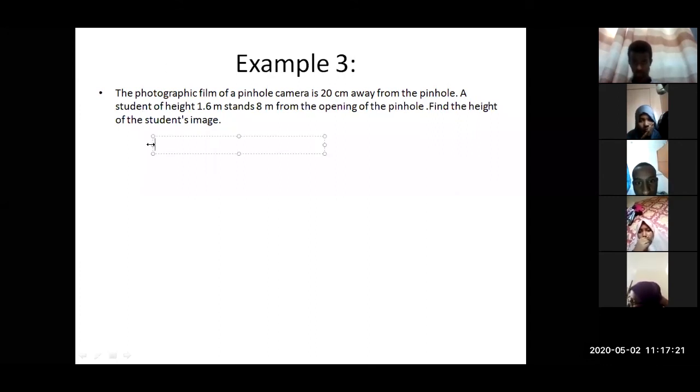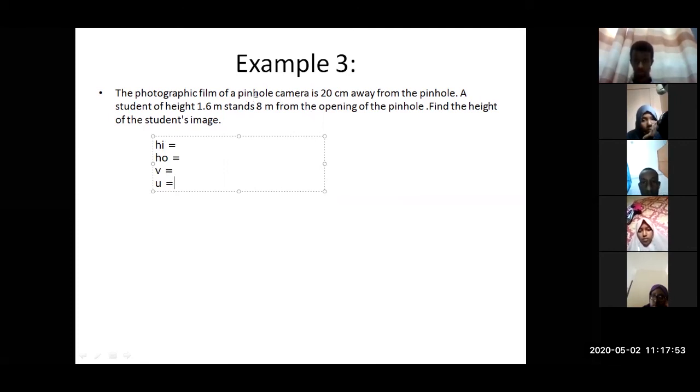So we start with our HI. Is it given? A photographic film of pinhole camera is 20 centimeters away. So we write pinhole, put equal sign, we write our V, put equal sign, write our O, then we put equal sign. A photographic film of pinhole camera is 20 centimeters away from the pinhole.